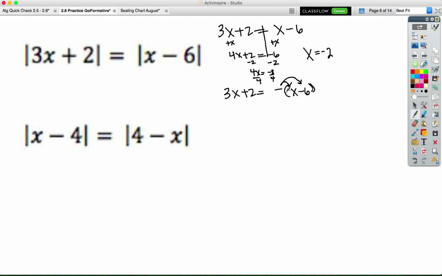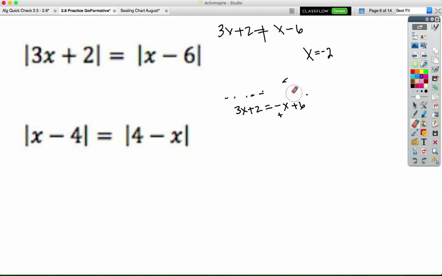On the second version, after I distribute the negative, it's going to change what's on the right side. Get the x's together. I made a silly mistake. Let me go back. On that first one, I should have minus x from both sides. So we are not perfect. I make mistakes too.